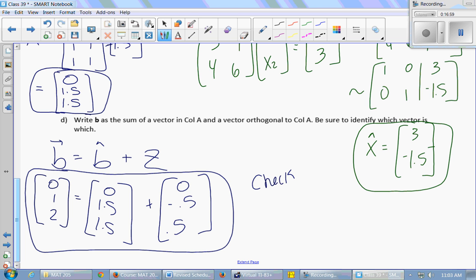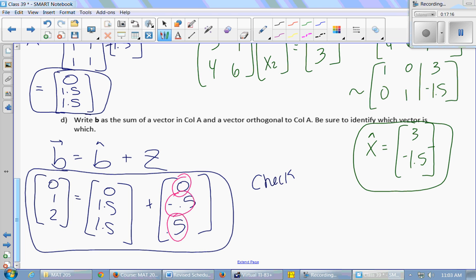I could put it in a matrix, or I could just say Z is B minus B hat. That's how we did it last class. I was just figuring out what to put in these spots so that these two vectors actually add up to B.